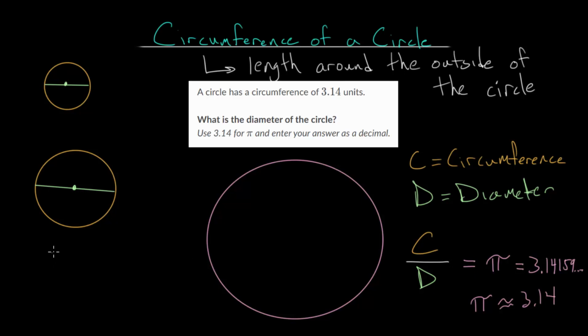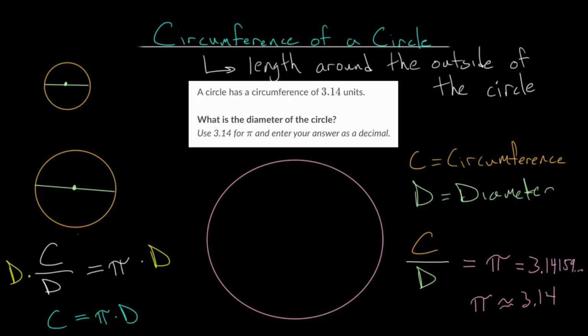So let me rewrite it over here: the circumference divided by the diameter is equal to pi. If we want a formula for the circumference, let's multiply each side of this equation by that diameter. On the left-hand side, diameter divided by diameter cancels out, and we just get that the circumference is equal to pi multiplied by the diameter.